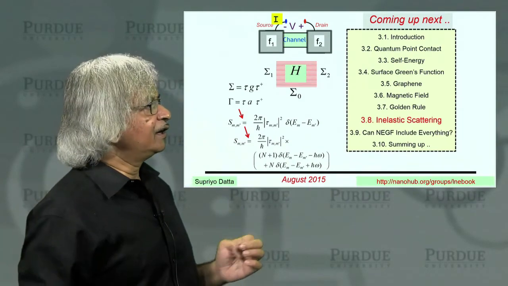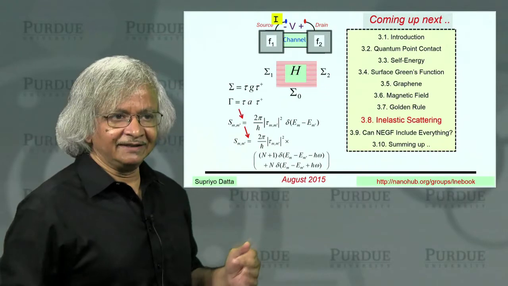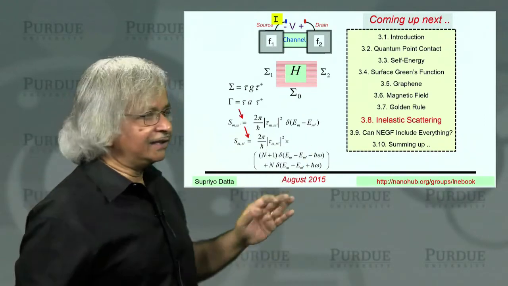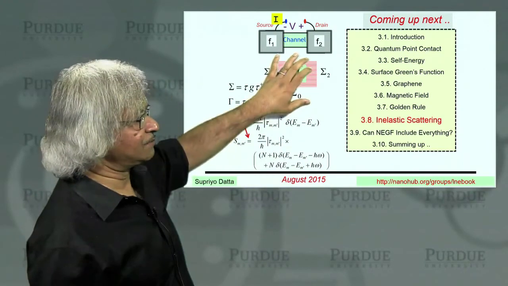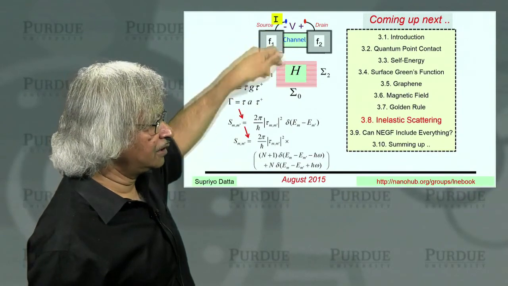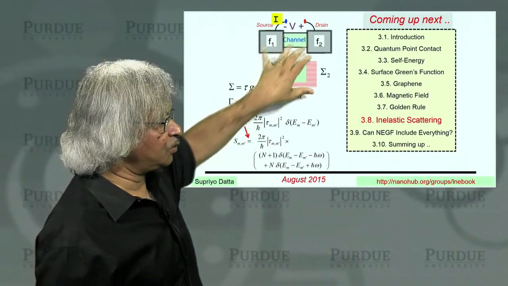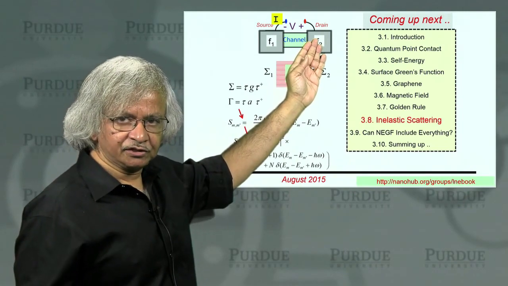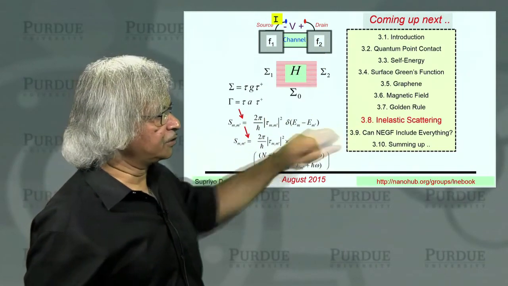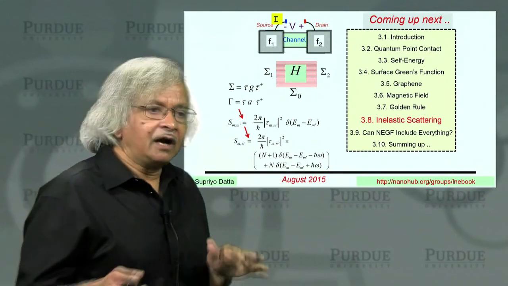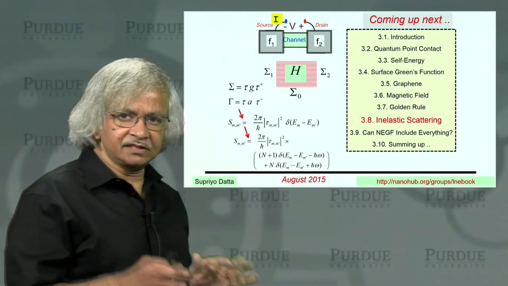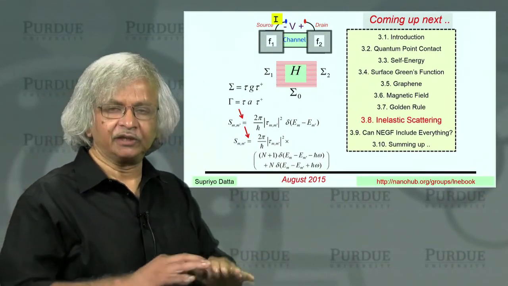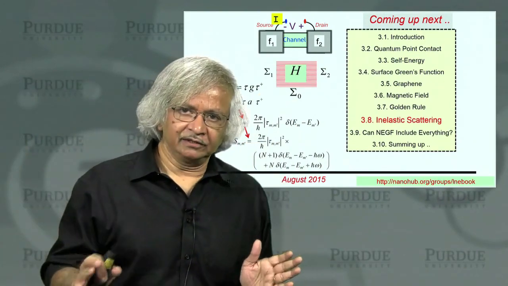Remember, so far we have usually not talked about inelastic processes. As we mentioned, the physics of elastic resistors is much simpler, and we talked about how you can describe transport assuming that electrons go through the channel without exchanging energy. What I'd like to do in the next lecture is explain how you could include such processes into the NEGF method so that you'd have the full method in front of you.